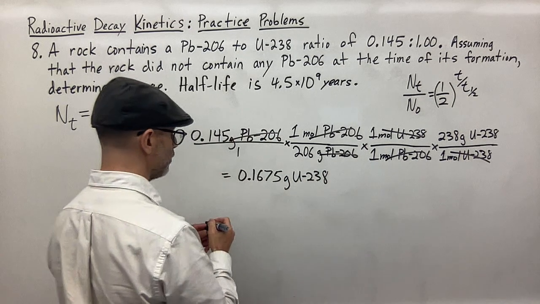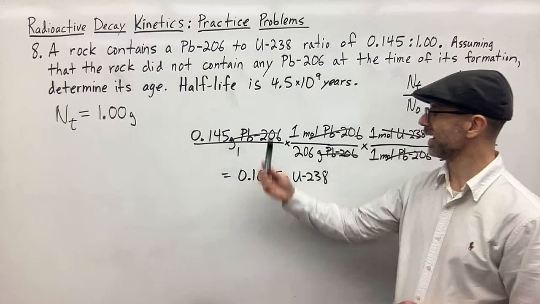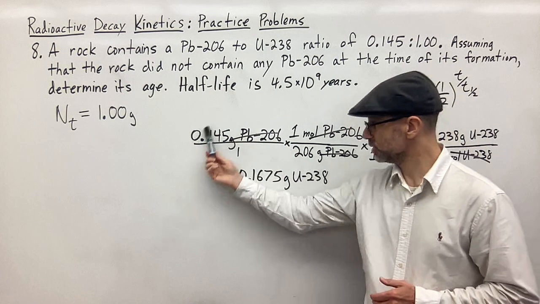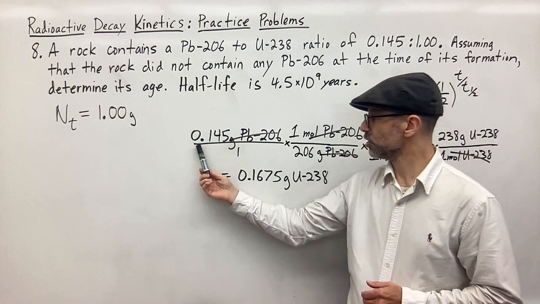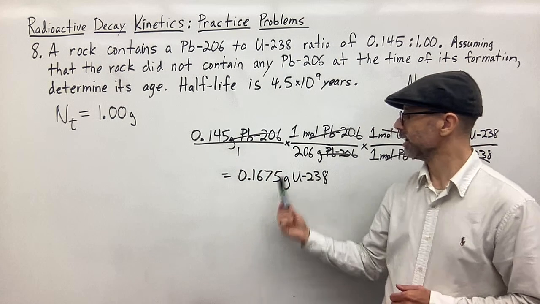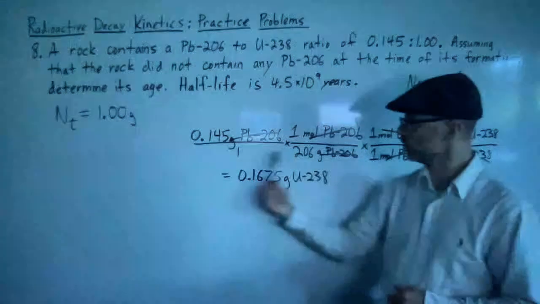So now I have the grams of the uranium-238 that decayed and produced this many grams, 0.145, of lead 206. So this decayed and this was produced. So now this was part of the original.